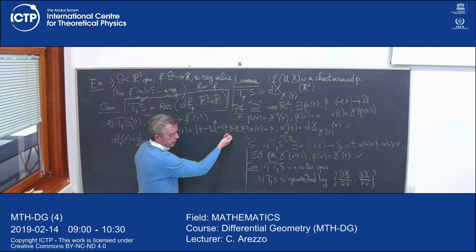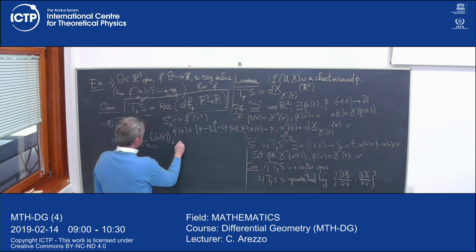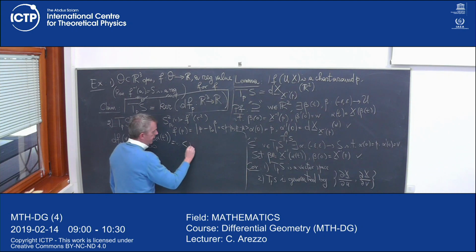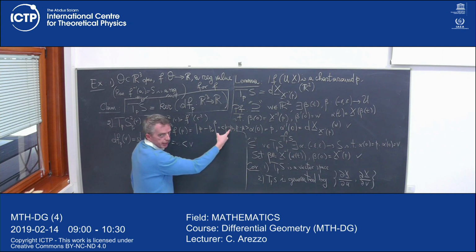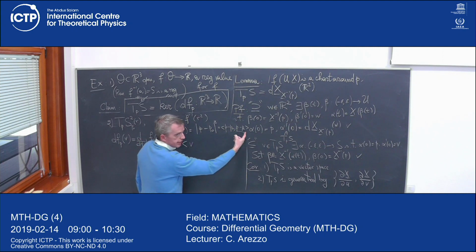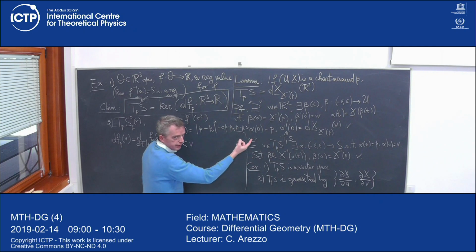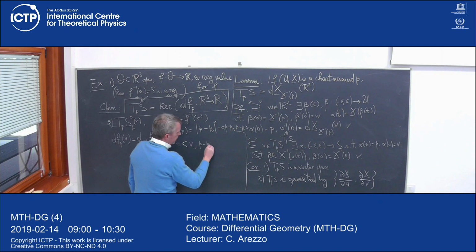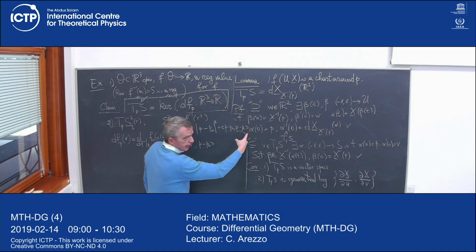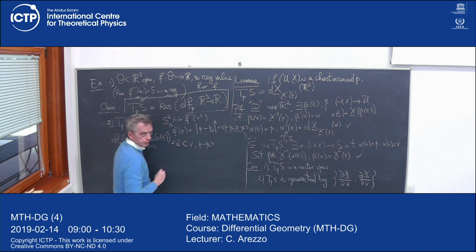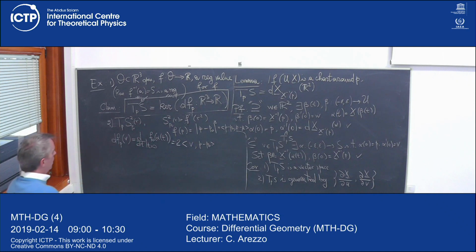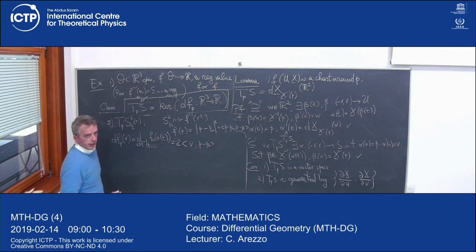So this becomes the derivative of the first, which is alpha prime evaluated at 0, which is v. Then of course p naught has disappeared because I'm taking the derivative. But times the second, which is alpha of t at 0, so here it survives. Plus this one, the derivative of the second, but it's the same thing reversed. So, okay? Very good. And now the question is, what is the kernel of this?